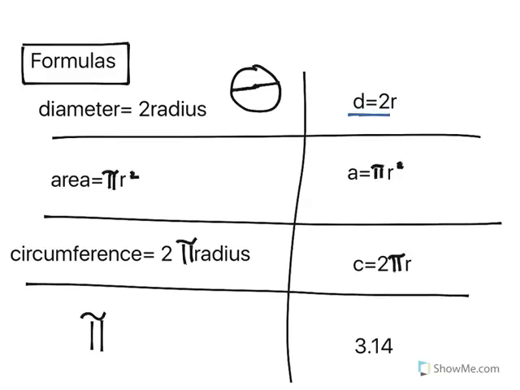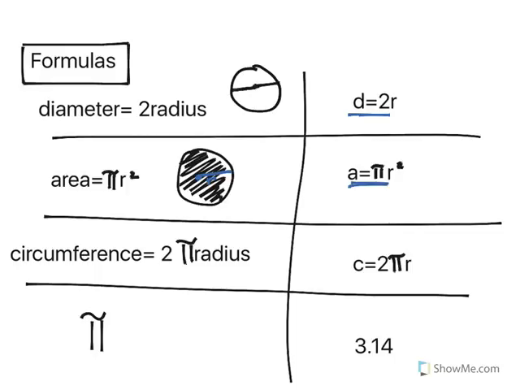The area of a circle, or the space that it takes to cover a circle, would be pi r squared. So let's say this is the radius. We would square the radius and multiply it by pi, and that's how you would get this formula.